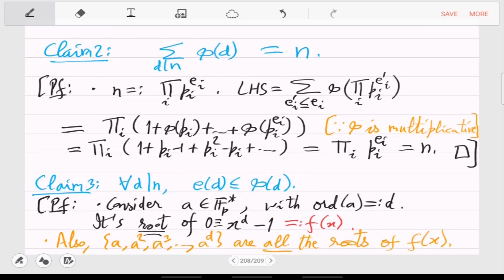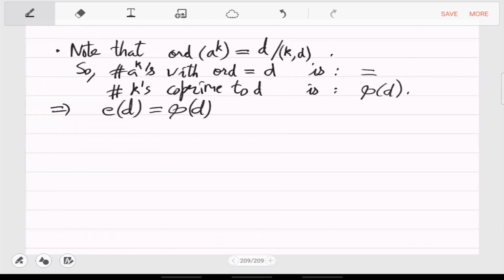Do you see any mistake? Because if we have shown this, then clearly there are phi of p minus 1 primitive elements, because E of p minus 1 is phi of p minus 1. Then we are already done. So have we proved the theorem or not? What do you think?